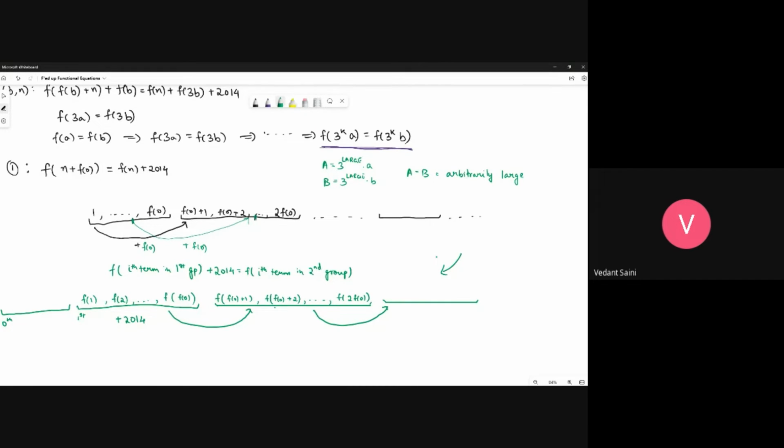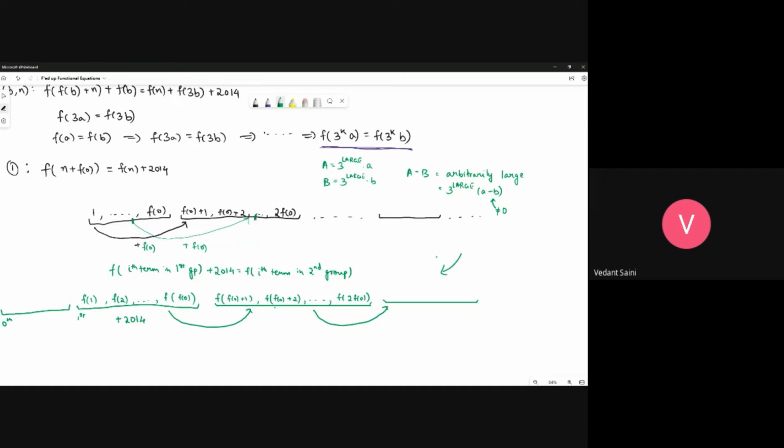We are assuming A is not equal to B, because if A equals B, then f is injective. This is non-zero. The mod of A minus B is huge.